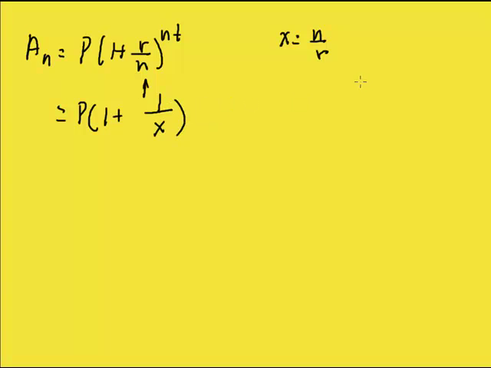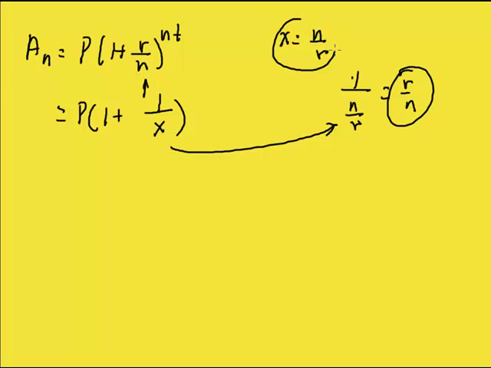If you look at this, 1 over N over R simplifies to R over N, which is the same thing as 1 over X.